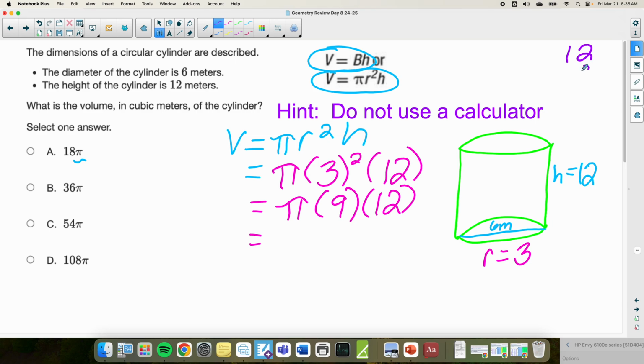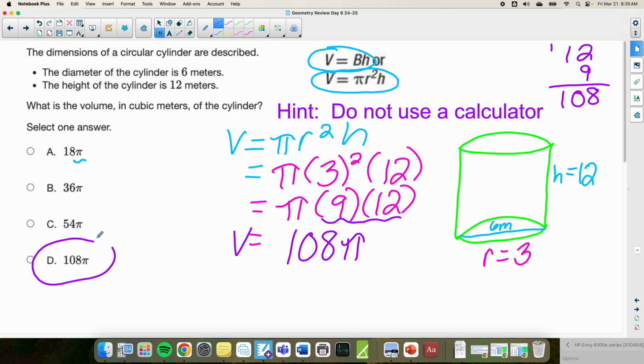So you'd go 12 times 9, 2 times 9 is 18, you'd carry the 1. 9 times 1 is 9, plus 1 is 10, so it's 108 when you multiply these together, and then you still have the pi. So this is your answer. Okay.